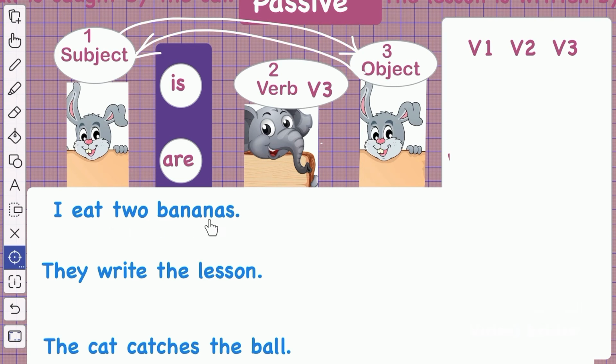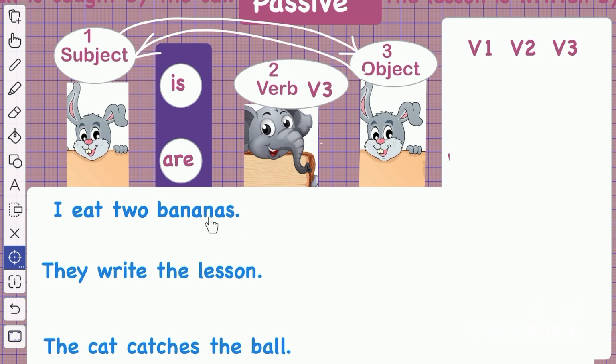This is the object. So we will start our sentence with the third word, 2 bananas. So 2 bananas, is or are? Very good, are, because they are plural.